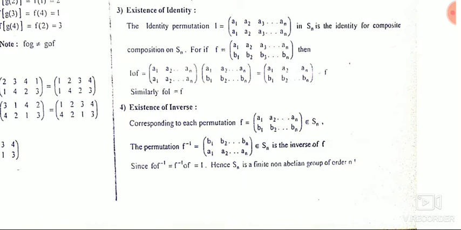And f composite f inverse is equal to f inverse composite f, which is equal to the identity. Hence Sn satisfies all the axioms of a group, except commutativity, which is needed for an abelian group. So Sn is a non-abelian group of order n factorial.